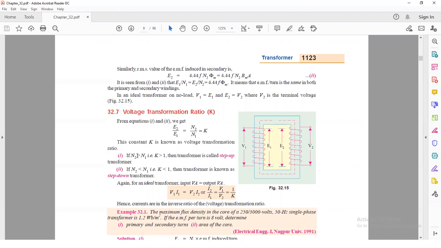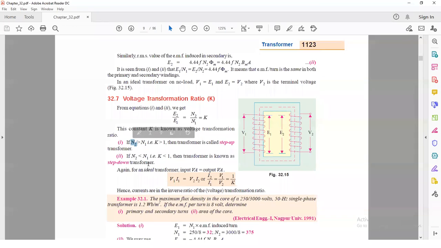If step down, N2 must decrease. If we need step down transformer, we must decrease N2. And if step up, we must increase N2. When coil increases, then voltage increases.